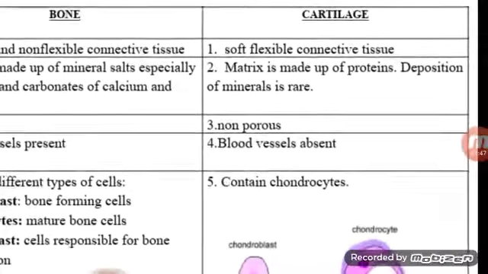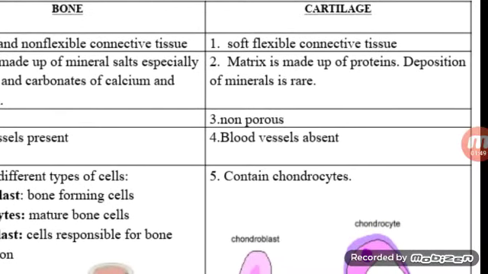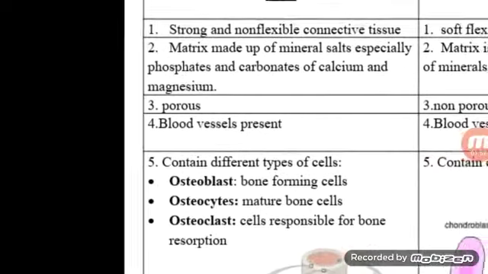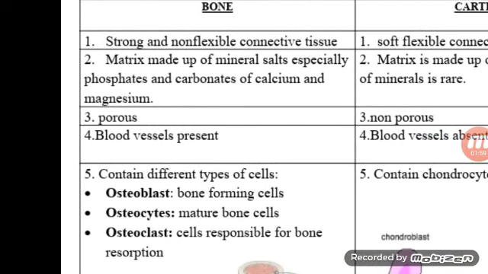While in cartilage, matrix is made up of protein and deposition of mineral is very rare. That is why bones are very hard while cartilage is slightly soft or flexible as compared to bone. The third difference is bone is porous.